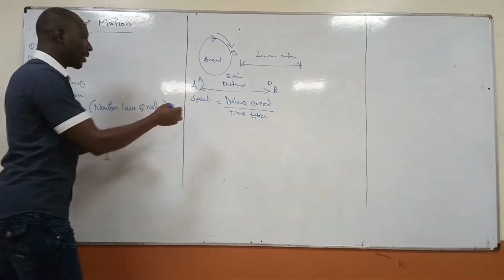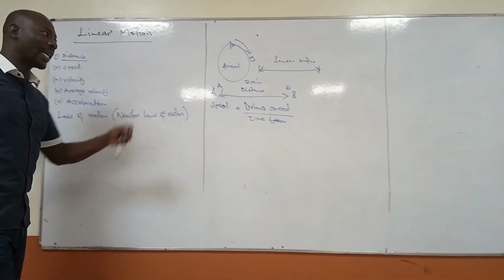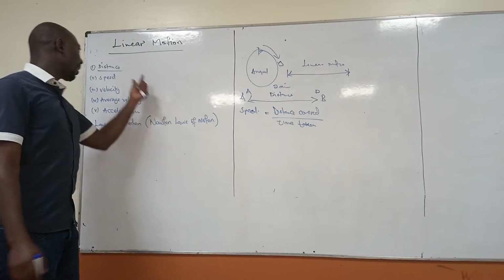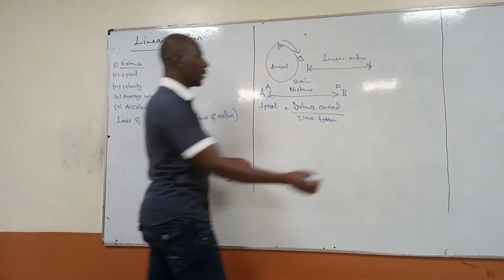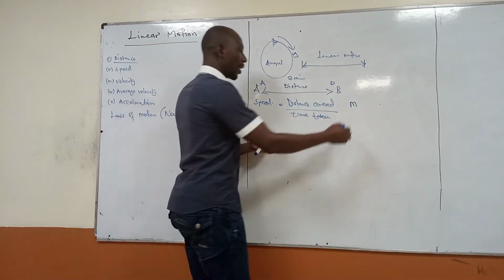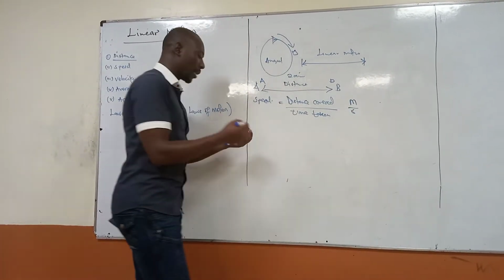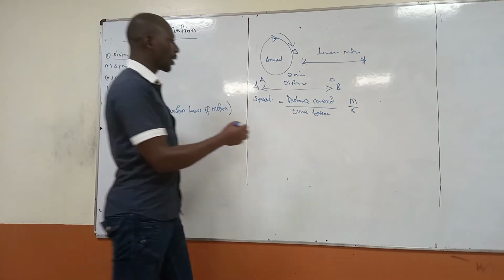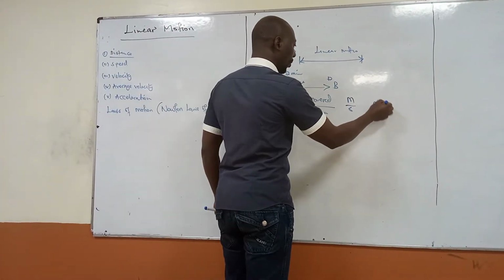So speed is distance all over time taken. Distance is measured in meters, that is the SI unit, and time is measured in seconds. So the SI unit of speed is meters per second.